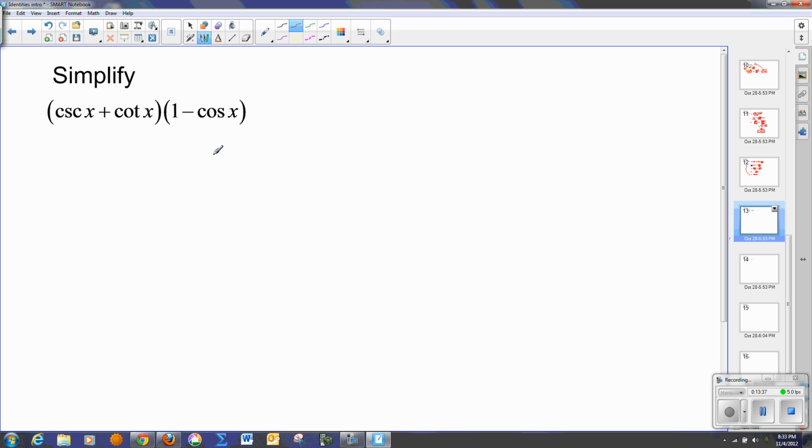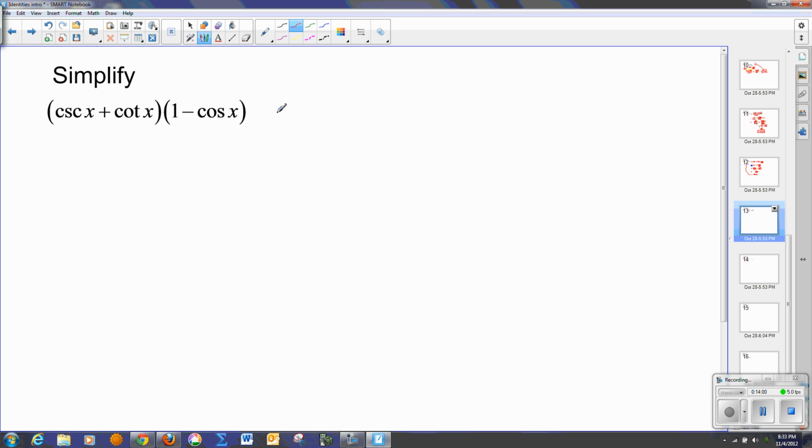Let's continue. So now I have a situation where I have two terms being multiplied together, and I have some options. If I know there is a Pythagorean identity, I might want to use that. But 1 minus cosine is not a Pythagorean identity because it has no squared term on it. So what I think I'm going to do is I'm just going to try to multiply this out, and I'm going to FOIL it.